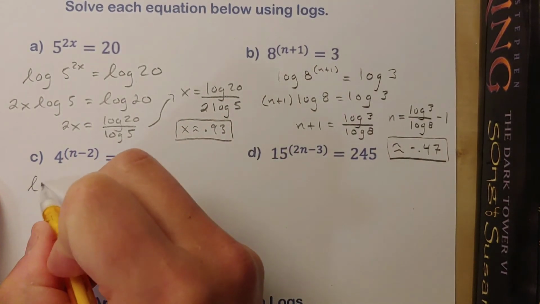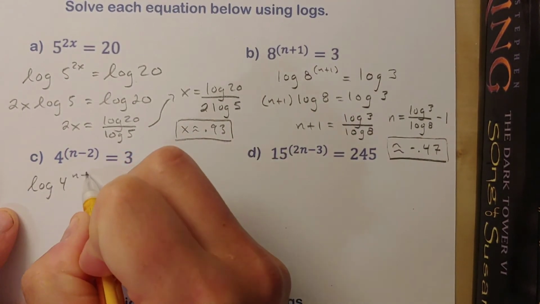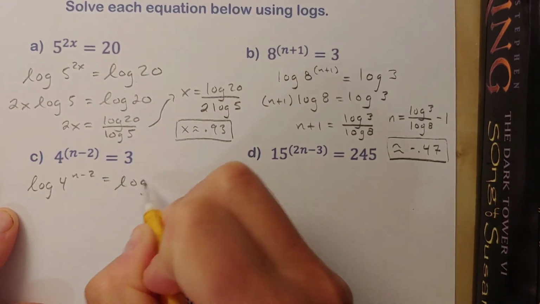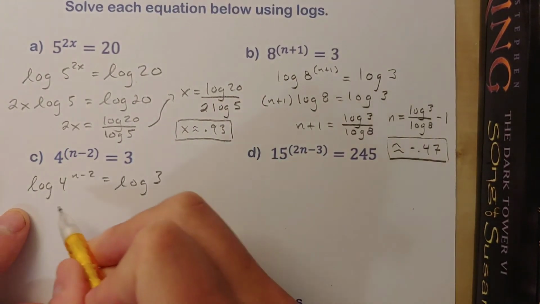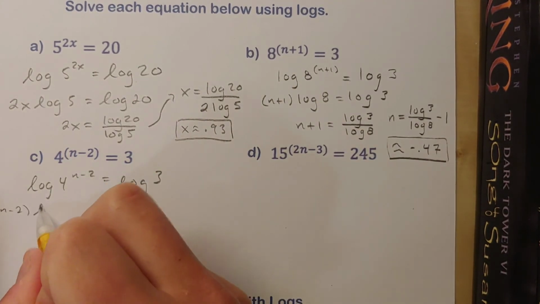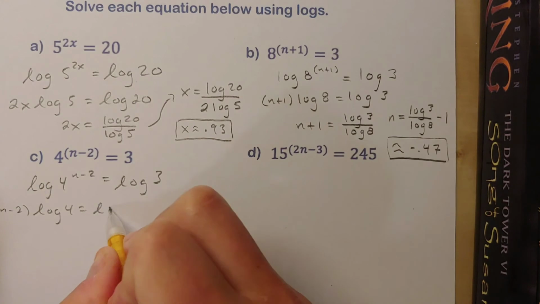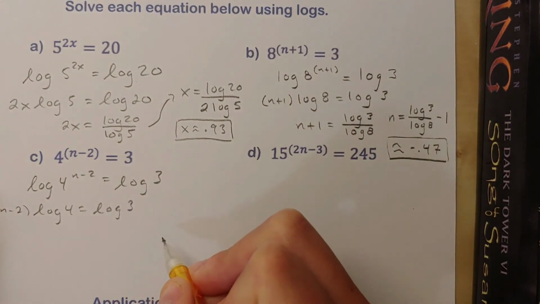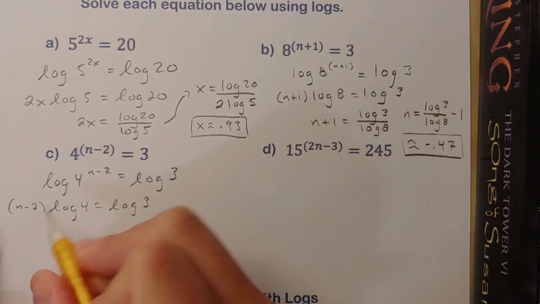So we're going to take the log of both sides. Use the power property. And now solve for n.